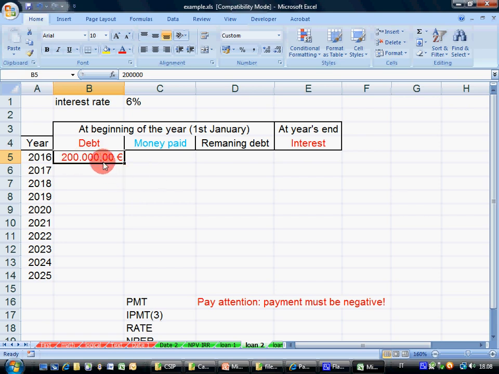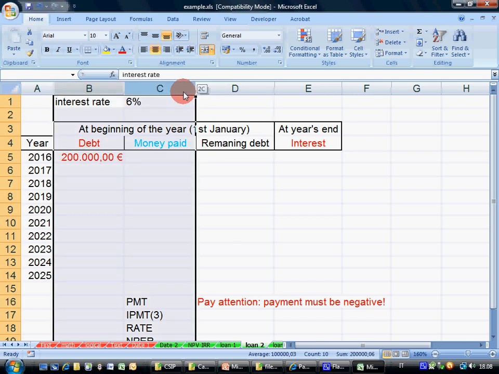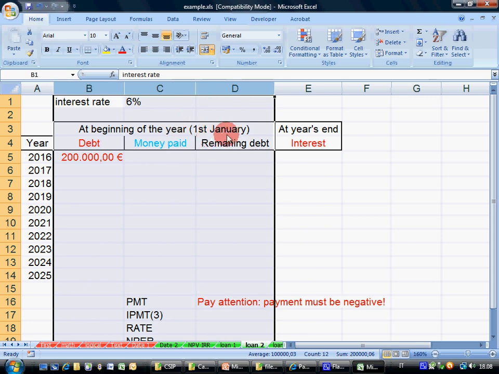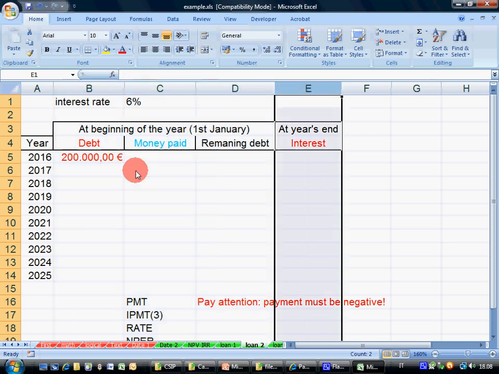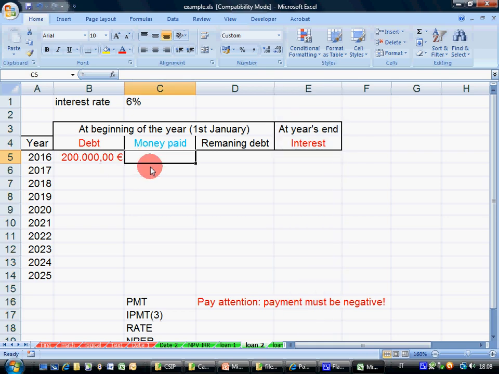You have a debt of 200,000. Okay, you ask for a debt and the bank gives you 200,000. Everything which is here in these three columns happens at the 1st of January. Okay, the rest here happens at the year's end, so 31 of December. The 1st January, you don't pay anything. It's stupid. You have just received the money. If you have to pay something immediately.